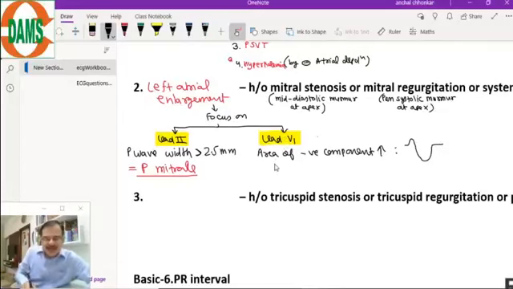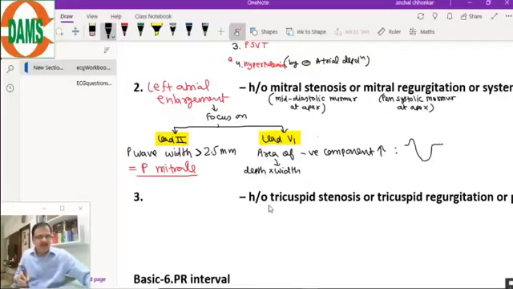So the area is determined by the width multiplied by depth. So I will say depth multiplied by width.